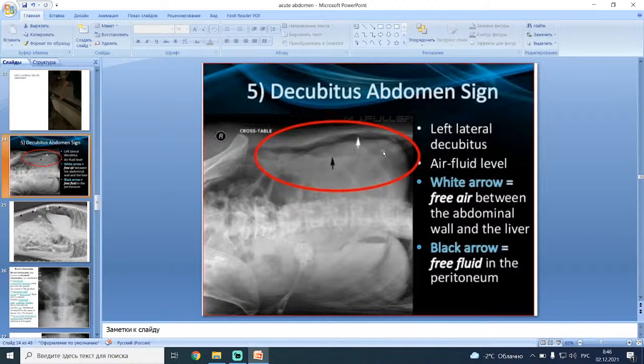In the slide you can see the air fluid level, in here air fluid level. In the upper side you can see the air, free gas inside the abdominal cavity. And with this black arrow, you can see the air fluid level in here.